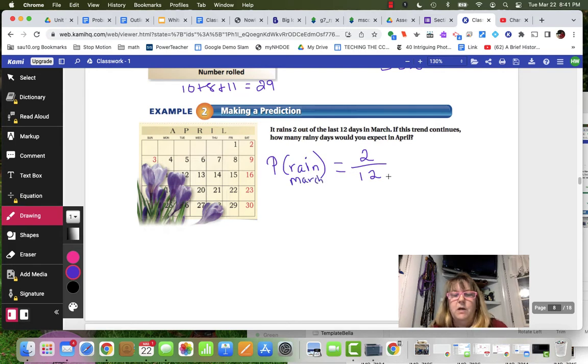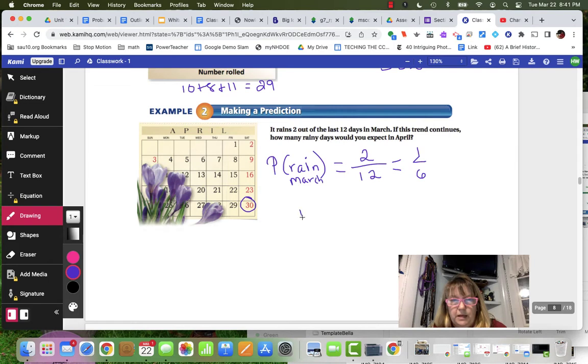So rain in March, if I simplified that, I would get 1/6. So out of every 6 days, it rained 1 time. All right, in order to make a prediction, we know that there are 30 days in April.